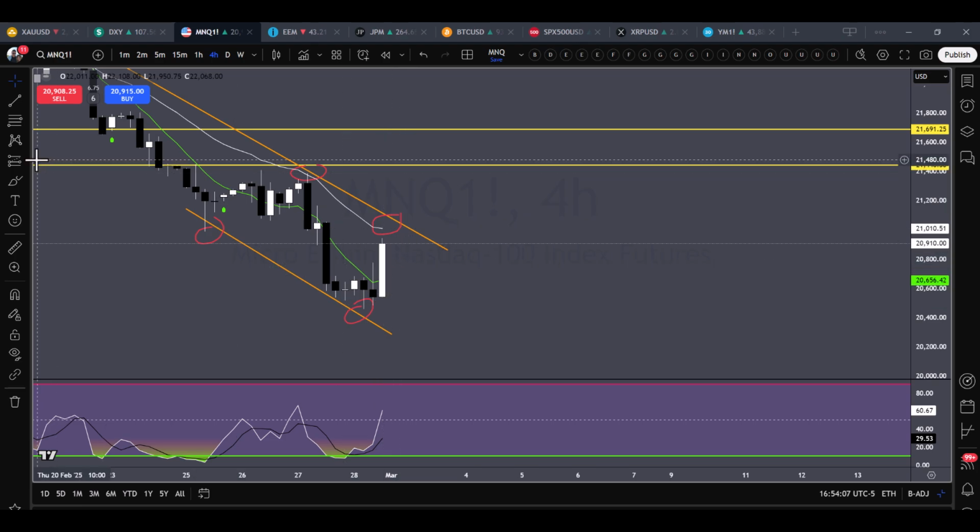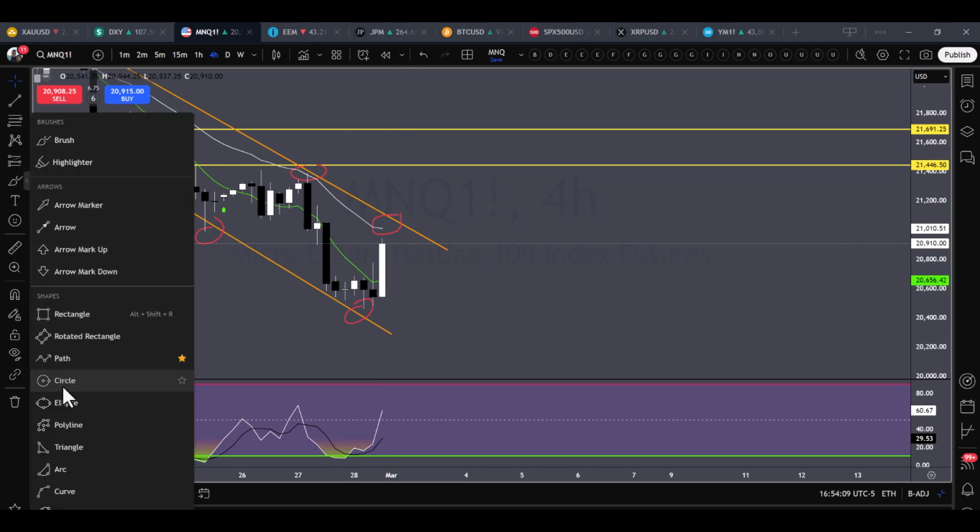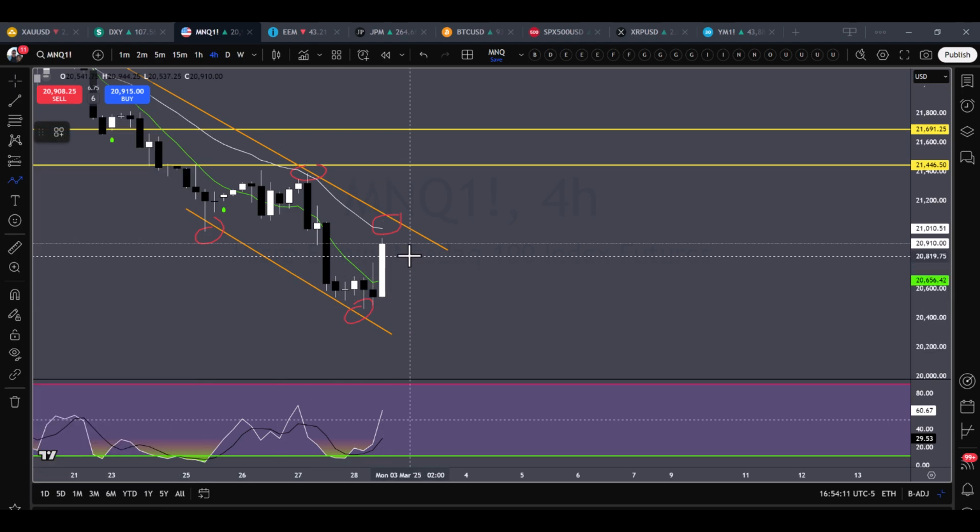What we would expect in a scenario like this is a push, a hold, back in, continuation down. So because of those weekly candles, I'm looking at NASDAQ as a possible short.